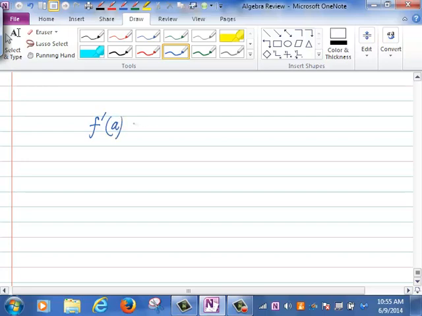F prime of a, first of all, we are taking the ratio of what? f of a plus h minus f of a divided by h. And then we are taking the limit as h goes to 0, right?